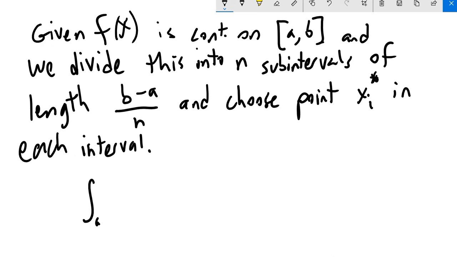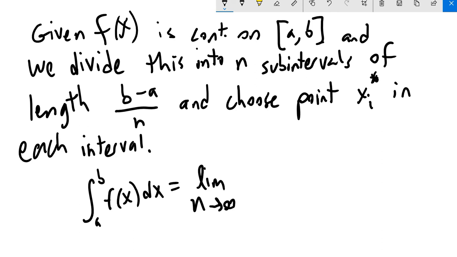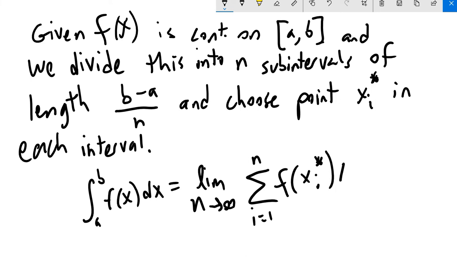So the integral from a to b of f of x dx is equal to the limit as n approaches infinity of the sum from i equals 1 to n of f of xi star change in x. This is the definition of a definite integral.